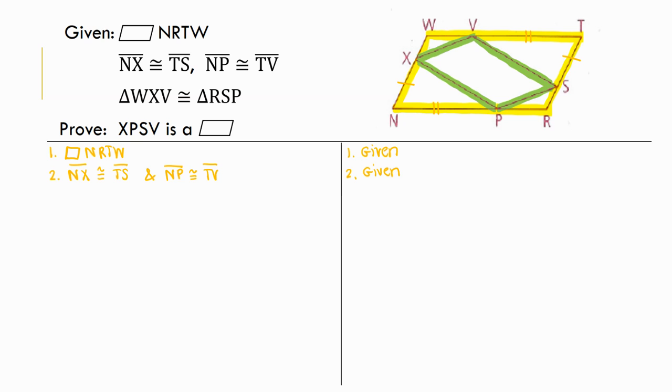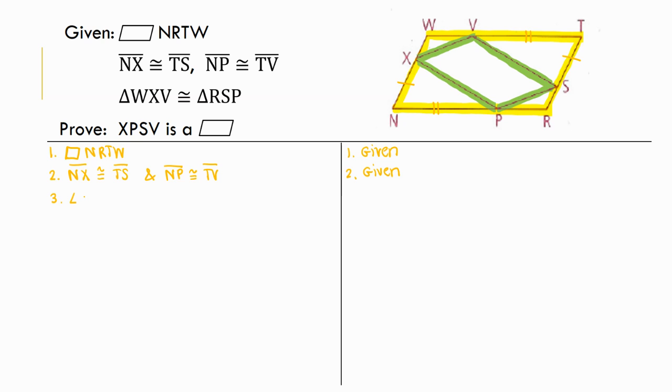All right, so notice that those 2 sets of sides that I were just given to be congruent are actually a part of triangles off to the side. And so notice that angle N and angle T are in those triangles, and they are across from each other in my big yellow highlighted parallelogram.